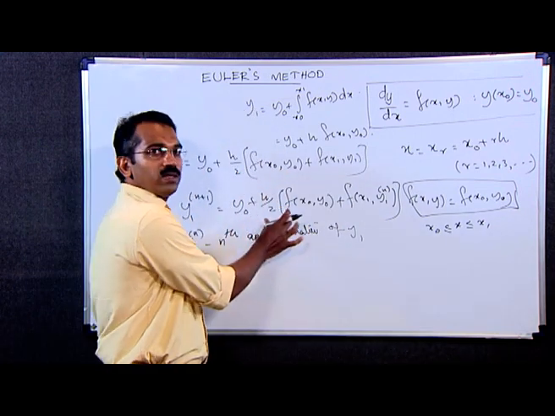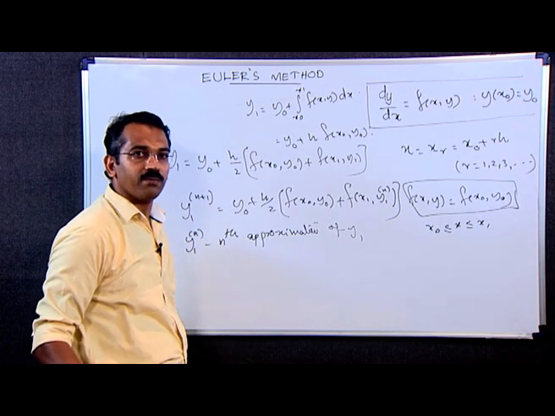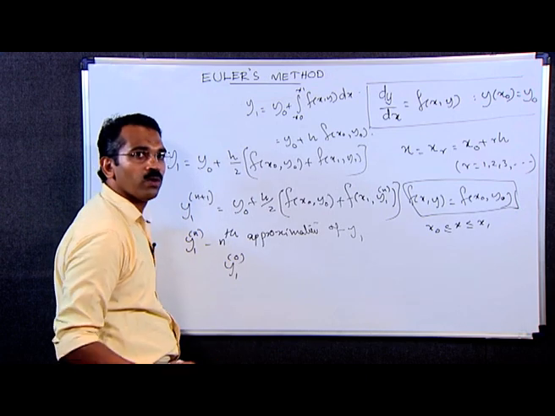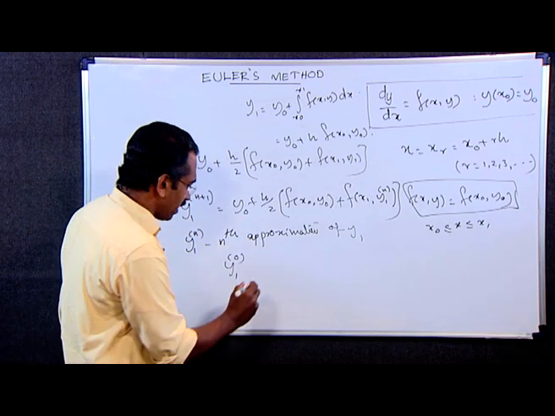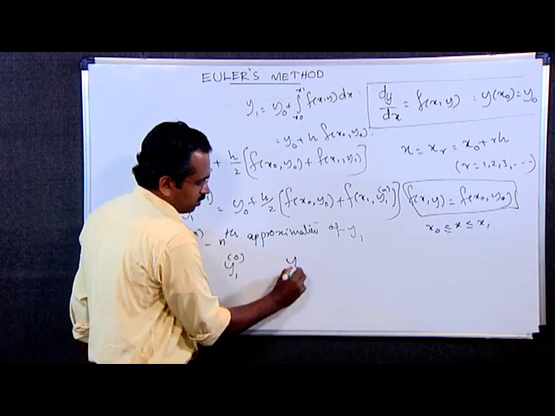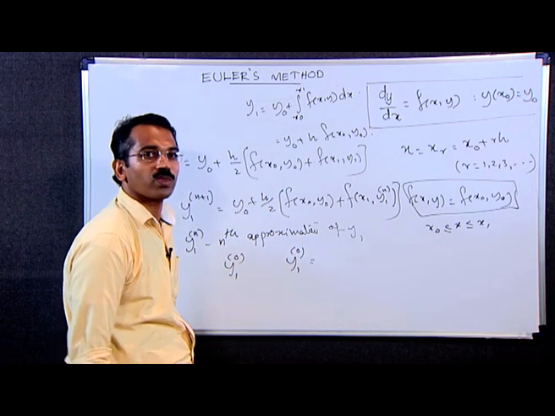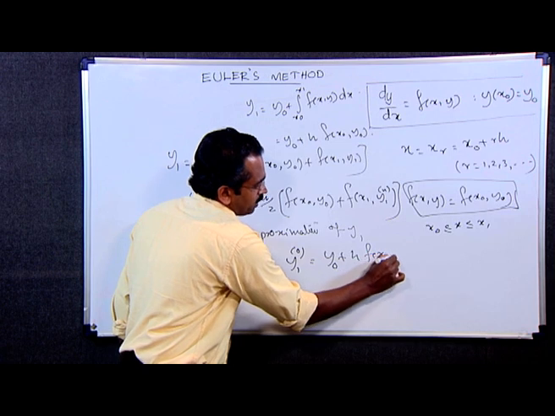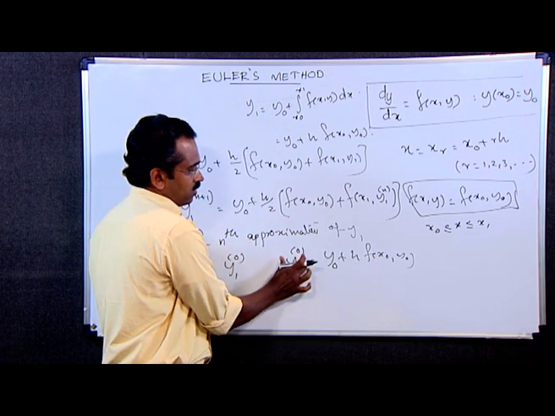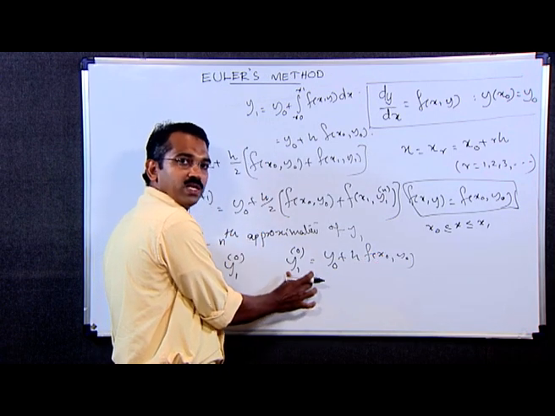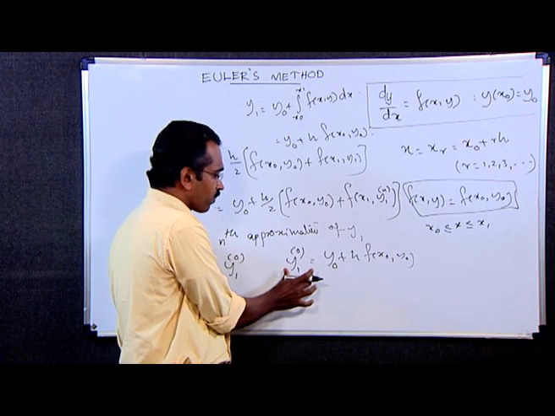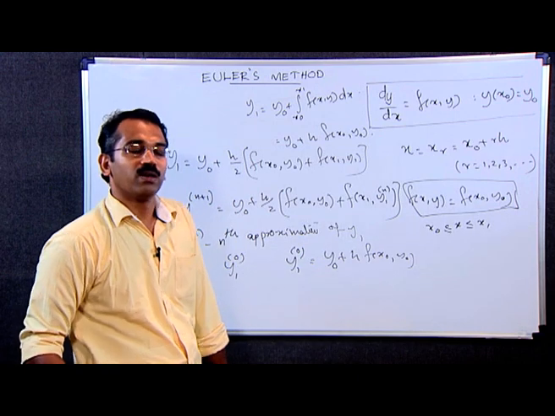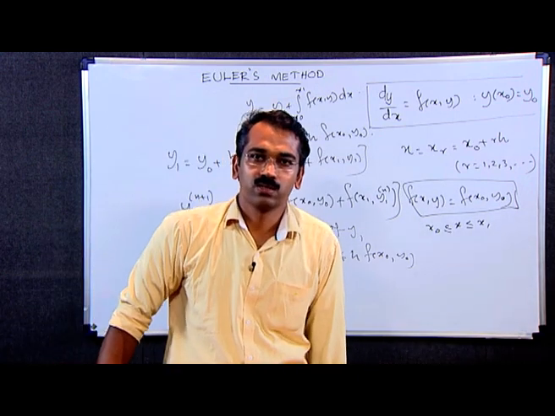We can start this iterative formula by choosing y1 (0) from Euler's formula, that is y1 (0) is equal to y naught plus h into f of x naught y naught. With this initial approximation obtained from Euler's formula, we can start this iterative formula. This is the modified Euler's formula.